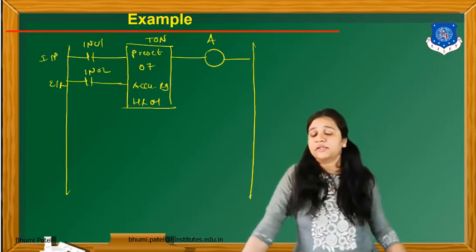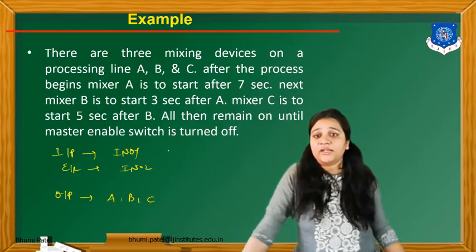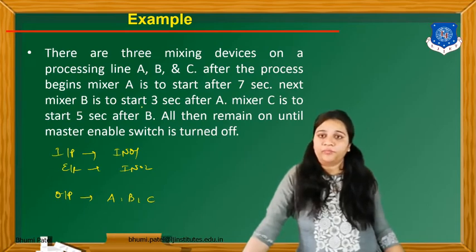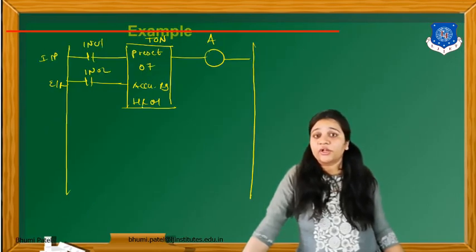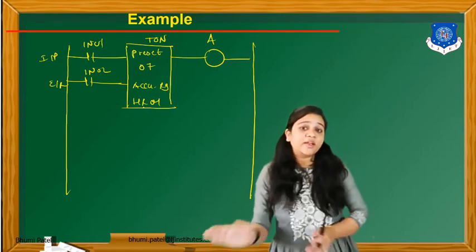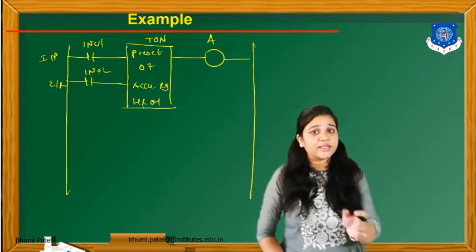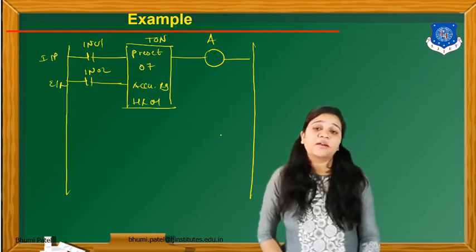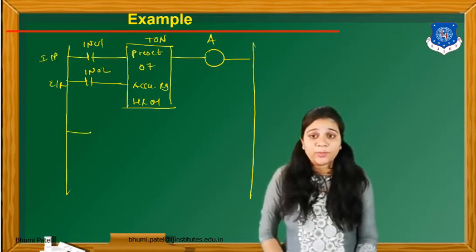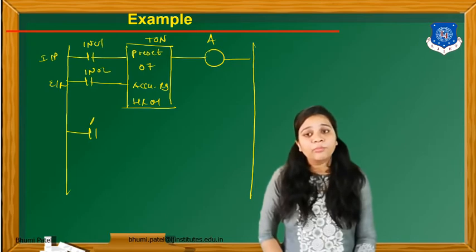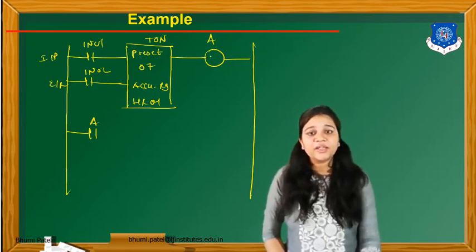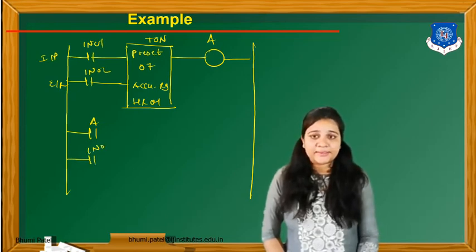Okay, the next condition is that mixer B is to start 3 seconds after A. So what are the changes for this particular program? Whenever input is energized, after 7 seconds A will be on. After A is on, after 3 seconds B must be on. So the input of the B output must be the output of the first. So we can take A here, and we can take the enable pin as it is.